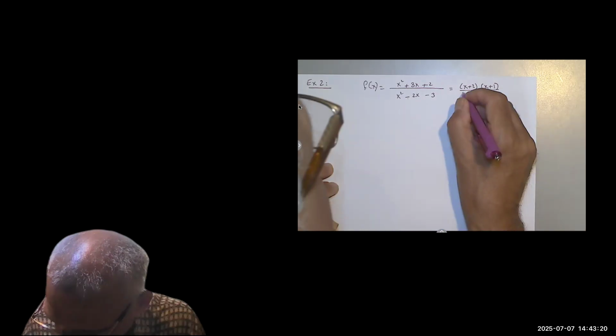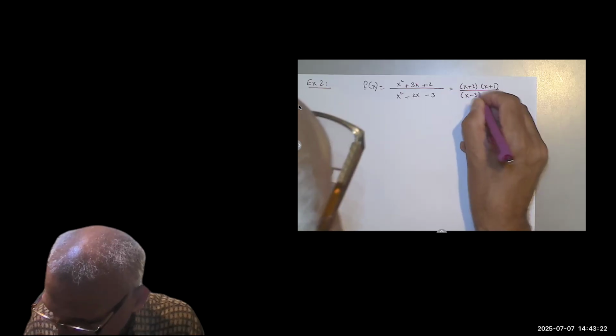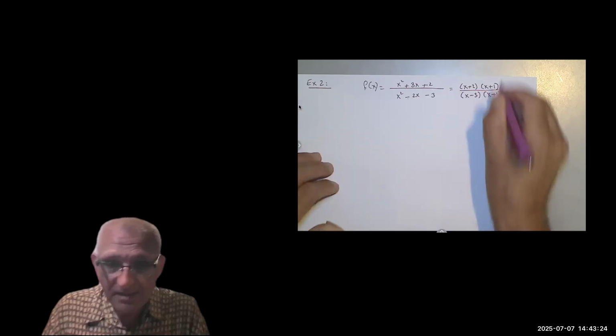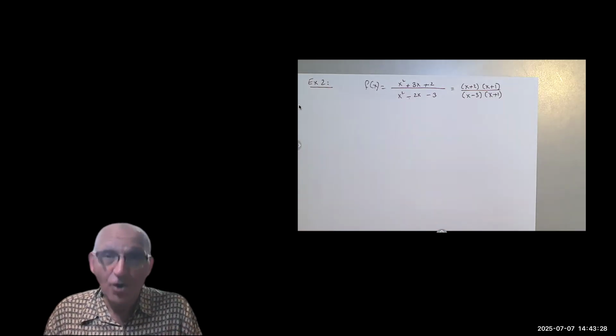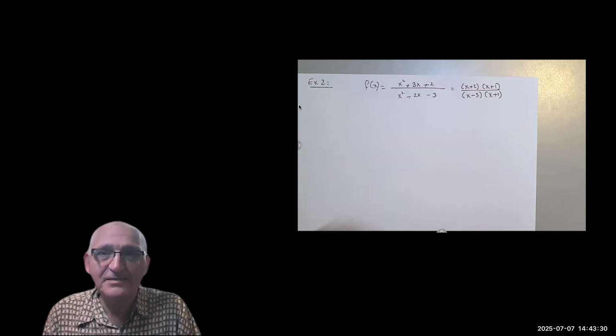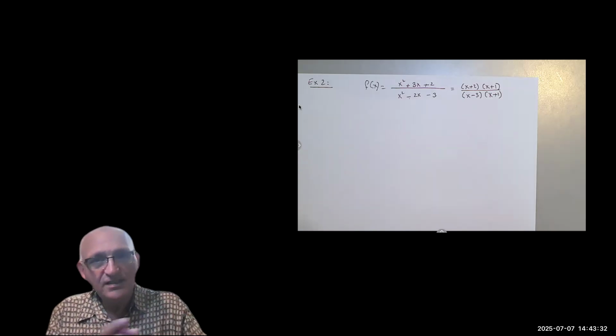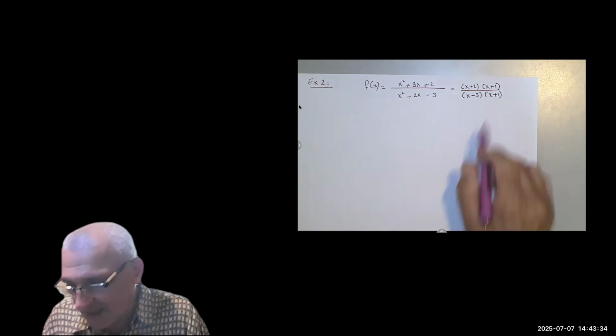So it has to be x minus 3 times x plus 1. Again, I made it so we get a hole. You don't have to do that, but I just want to show you different cases where you get a hole.